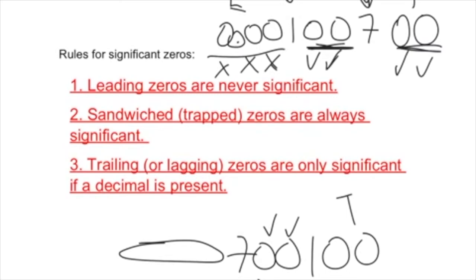They only count if I have a decimal written. Well, as I've written this, I have no decimal. There's no decimal in that number. So therefore here, they would not count. That's why it's the most confusing rule, because sometimes they count and sometimes they don't. You just have to be careful.